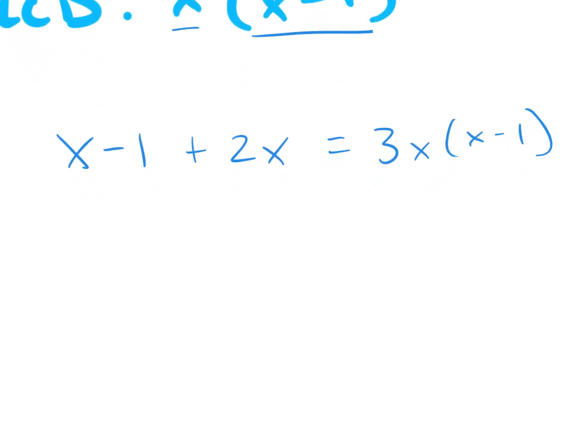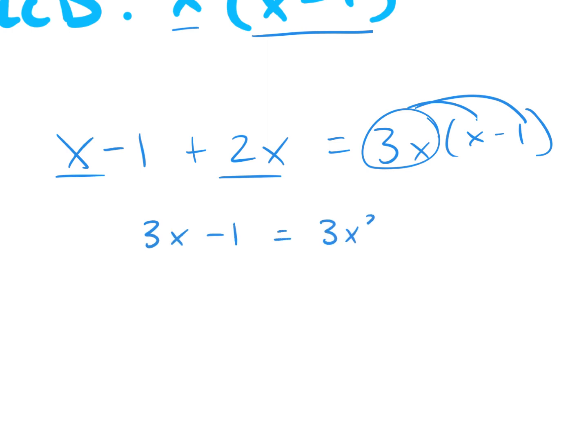Add 2x plus x. Okay, we can add 2x plus x. I'm also going to distribute the 3 here. So we get 3x minus 1 is equal to 3x squared minus 3x.